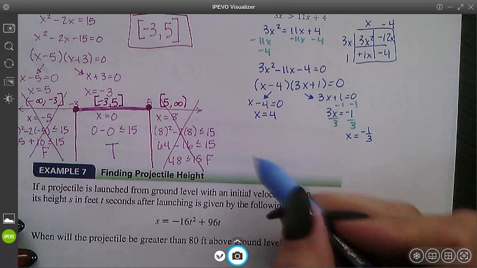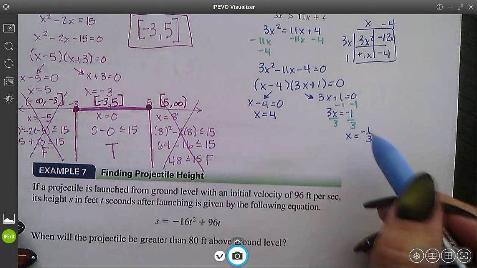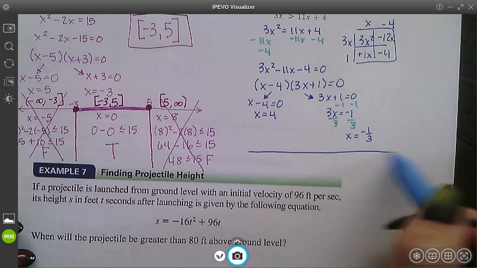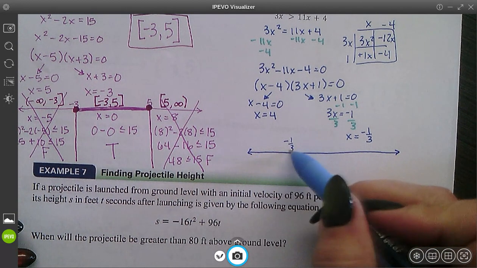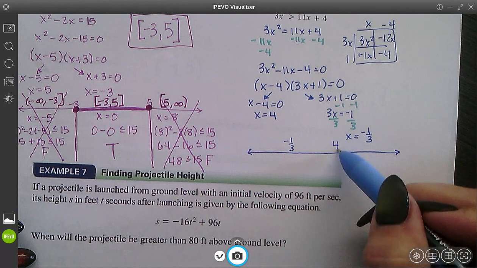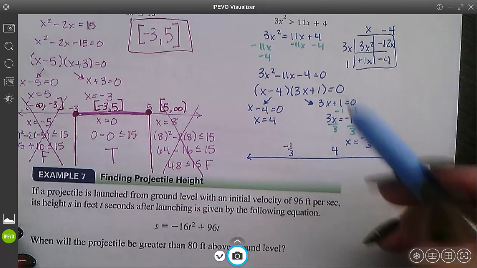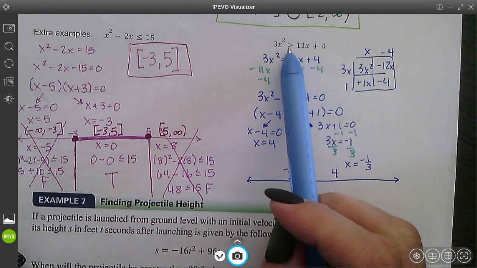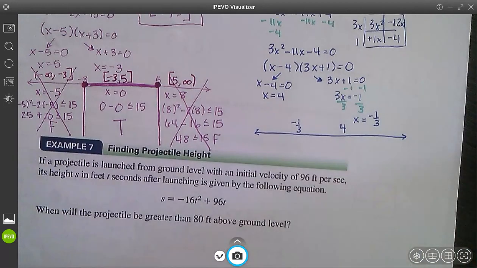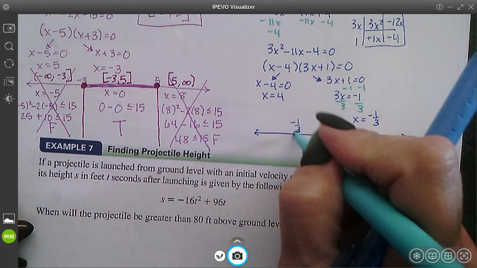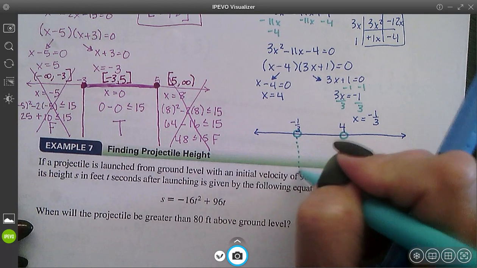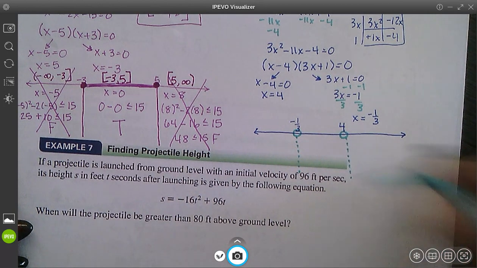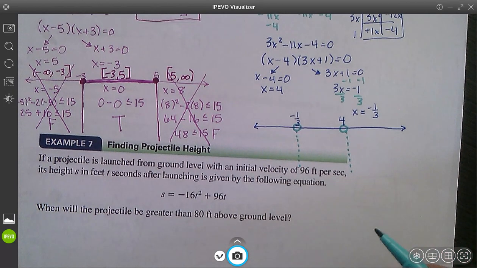So on my number line, I'm going to put two critical values. One at negative 1/3, the other at 4. The original inequality was greater than, so I'm going to use open circles at negative 1/3 and at 4. And then put my intervals.